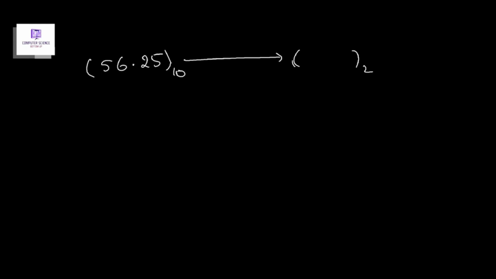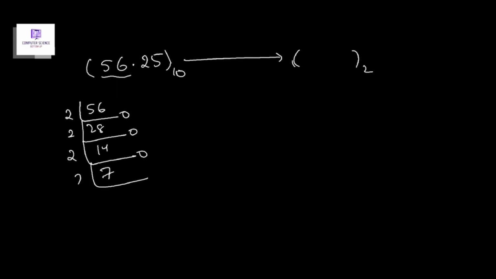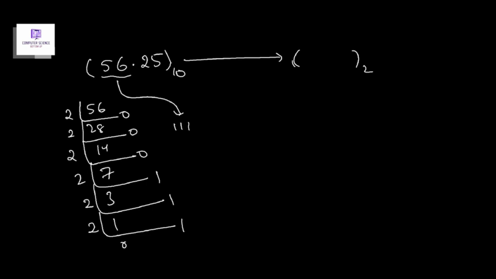For 56, 56 to 28 to 14, 2 into 28 remainder 0, 2 into 14 remainder 0, 2 into 7 remainder 0, 2 into 3 remainder is 1, 2 into 1 remainder is 1, 2 into 0 remainder is 1. So the 56 equivalent is the reverse of this, 111000 base 2.